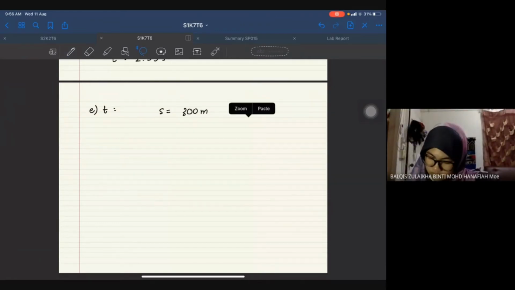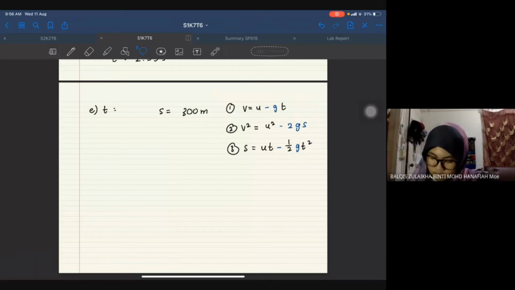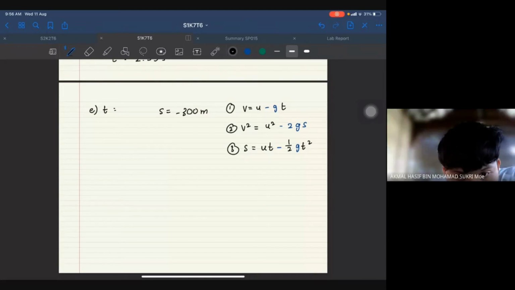Now, saya sekarang dah nampak kot apa yang perlu kamu fikirkan setiap kamu keluarkan information tu. Equation mana nak pakai? Okay, S and you to find T. The third one. Kan? So S equals to UT minus half GT square.